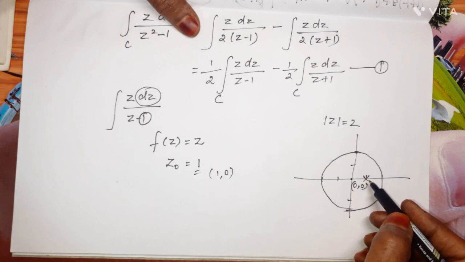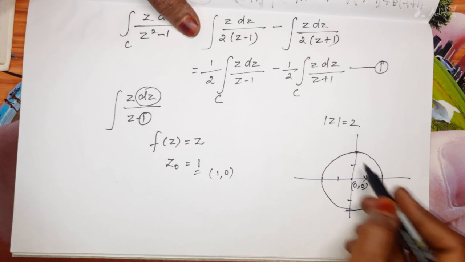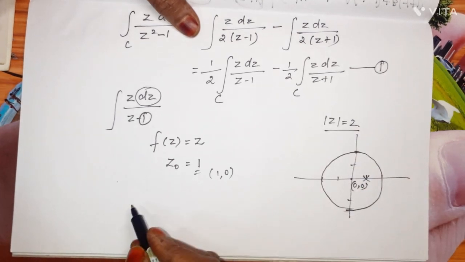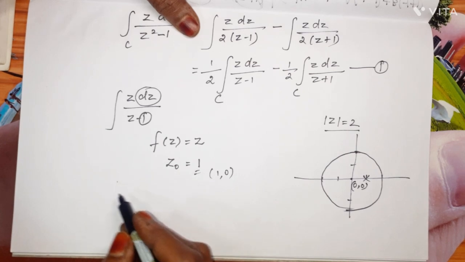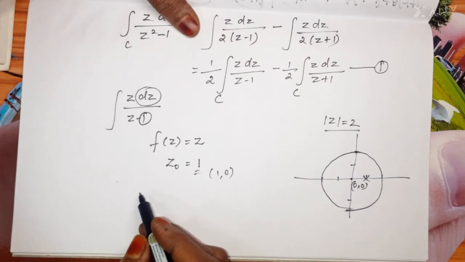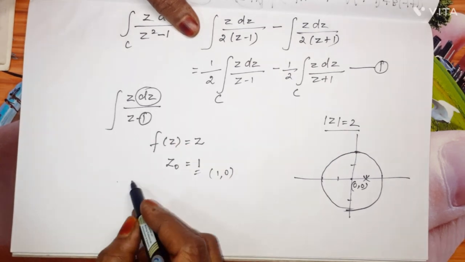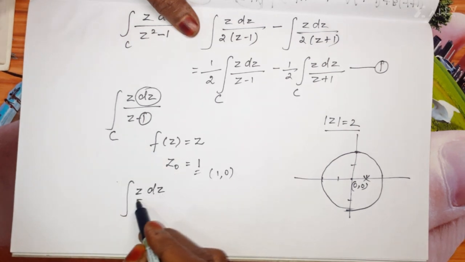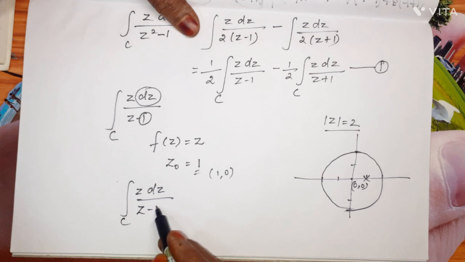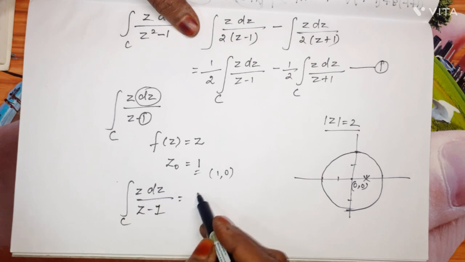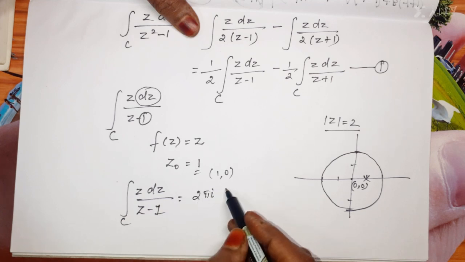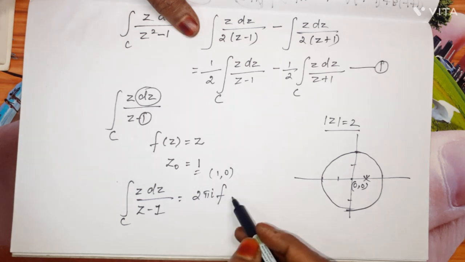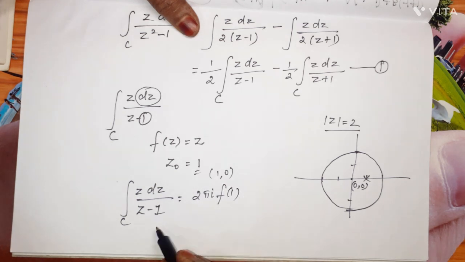So it's clear that this point lies inside the circle, that is, the interior of the circle mod z equal to 2. Therefore, we can use Cauchy integral formula. The formula is, if it lies inside, integral over c of f of z by z minus z naught is equal to 2 pi I into f of z naught. f of z naught means here f of 1.